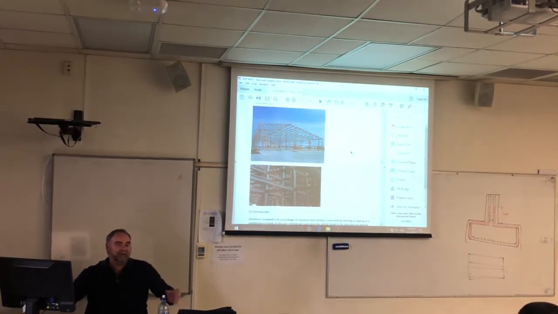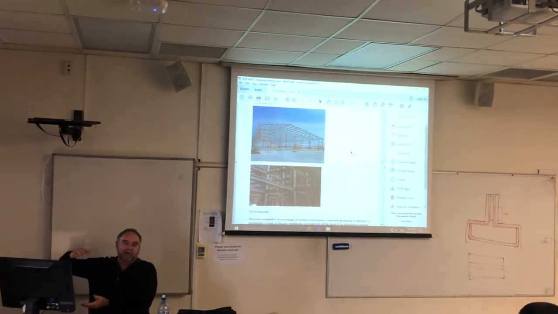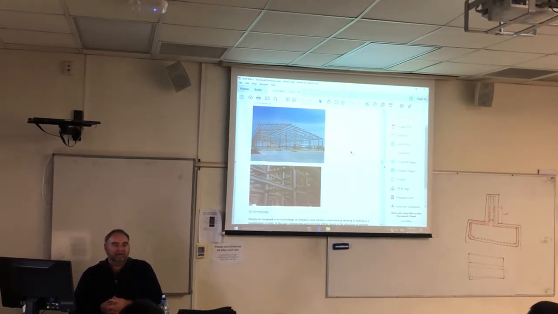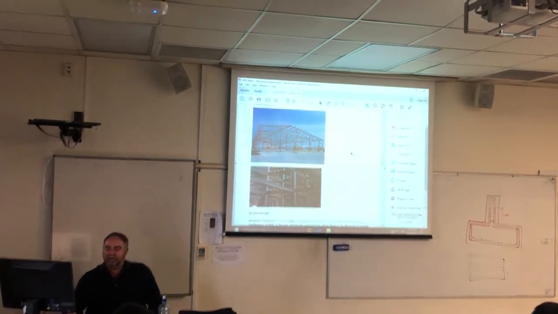The two angles at either end of the bridge would probably have the plate welded to them back in the workshop and set on site like that with the holes pre-drilled. With timber, that doesn't happen as much. We don't tend to pre-drill holes, we don't tend to pre-cut the timber except for maybe the length back at the sawmill. Basically it arrives in big long lengths, and they chop it up on site to work it.